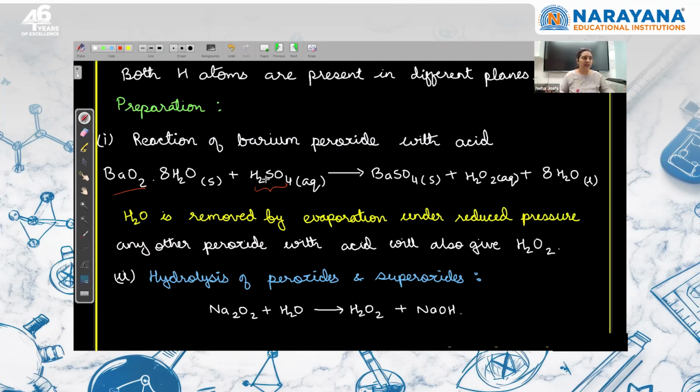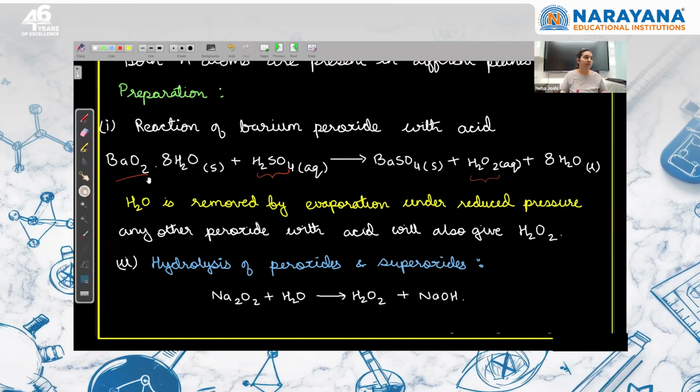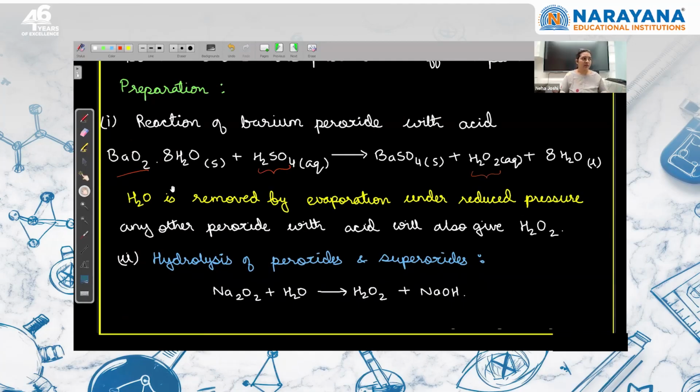So we have to take such acids which cannot be oxidized further. With this kind of acid, we simply get barium sulfate, which is a precipitate and can be removed, and H2O2 and water. Okay, so H2O2 preparation is done by this barium peroxide salt.